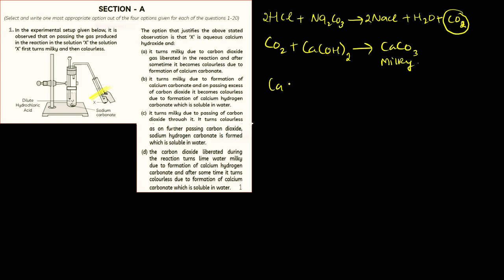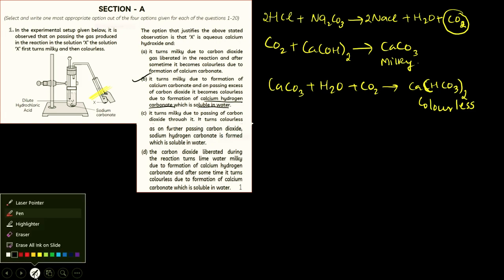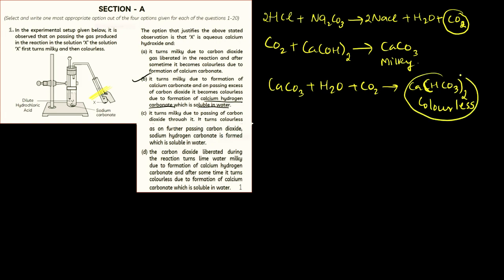If we continuously pass carbon dioxide gas through calcium carbonate in water, it produces calcium hydrogen carbonate. This one is colorless because it is soluble in water, so the milky color will change into colorless. The option is B.